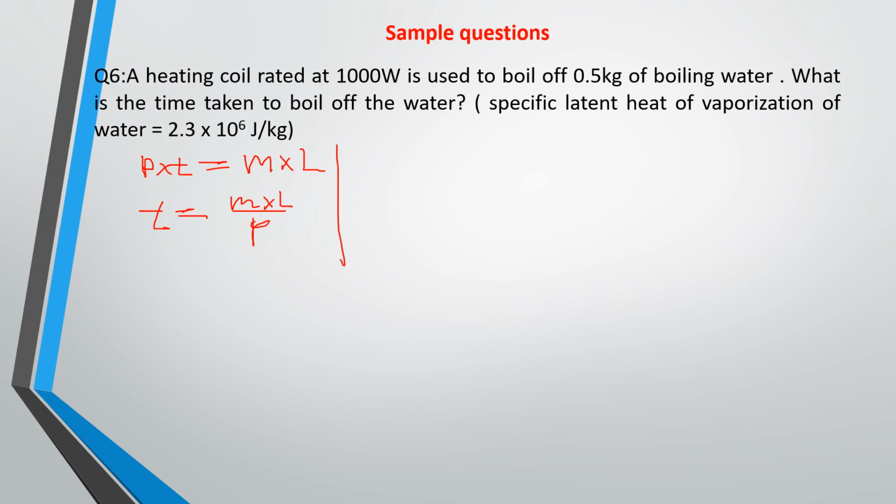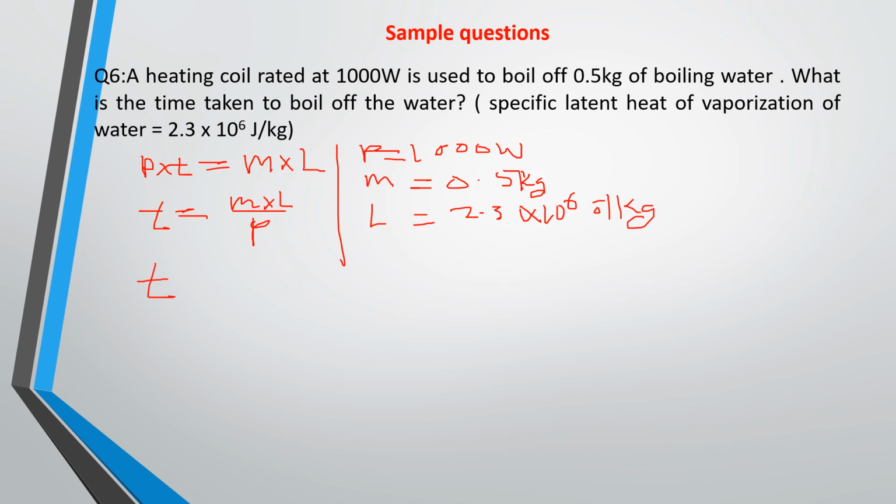So in this question, you are given power rating to be 1000 watts. Then you are given mass to be 0.5 kg. You are also given latent heat of vaporization to be 2.3 times 10 raised to power 6 joule per kg. So substitute all this information into this formula.